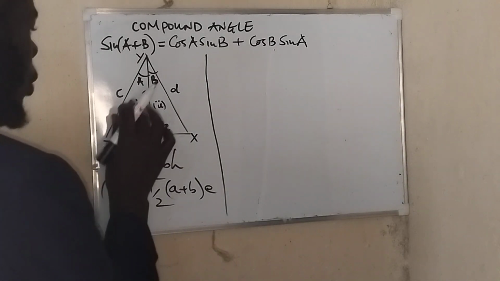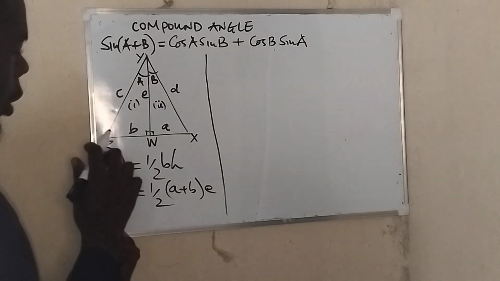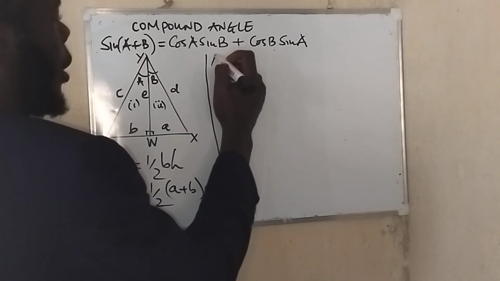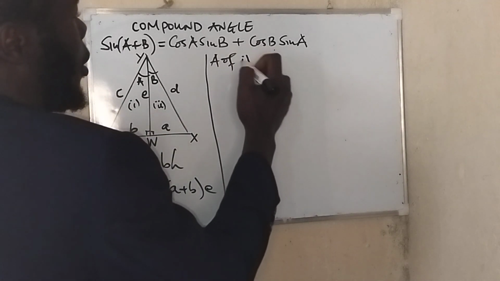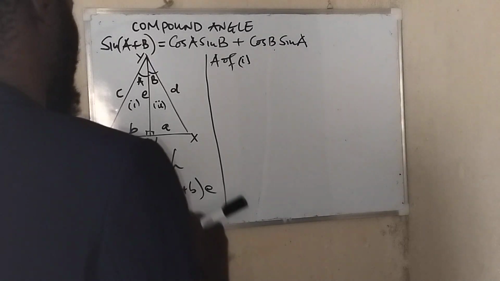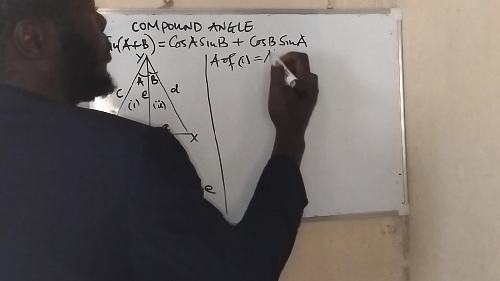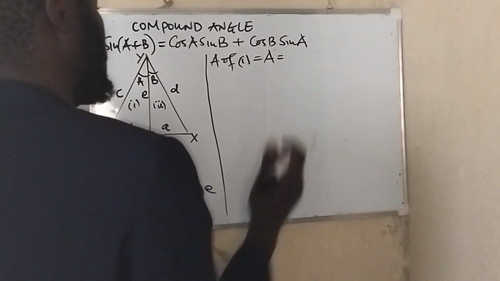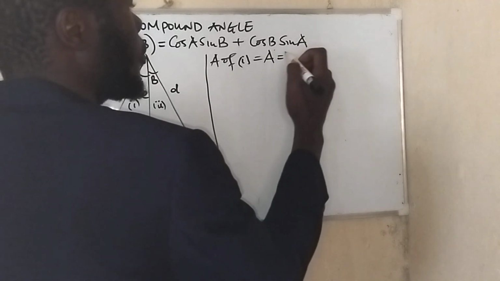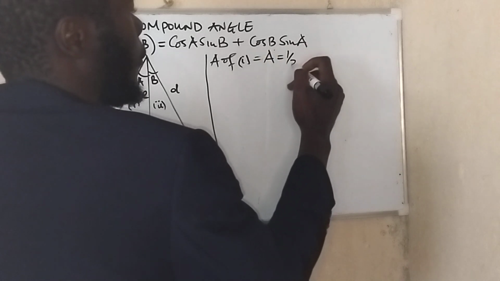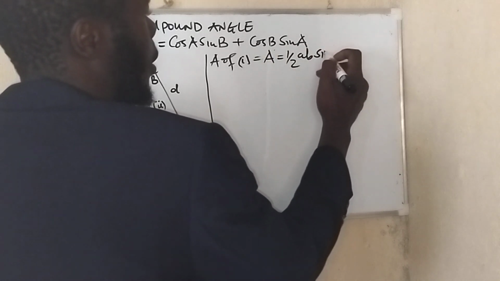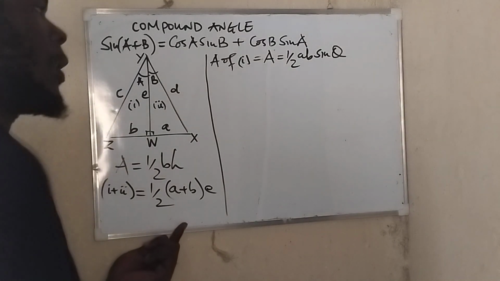Now we go to this part, this triangle, the area, that's Roman 1. The area is given by half AB sin theta.